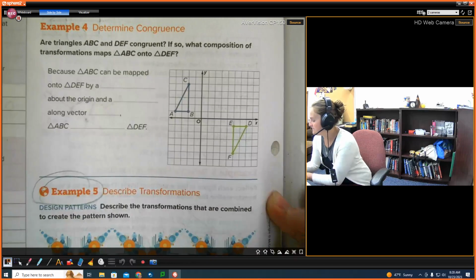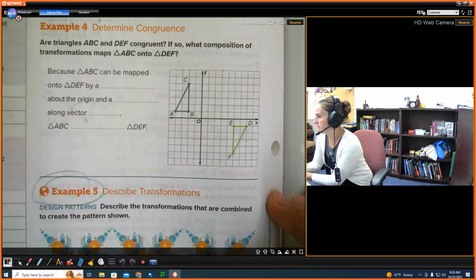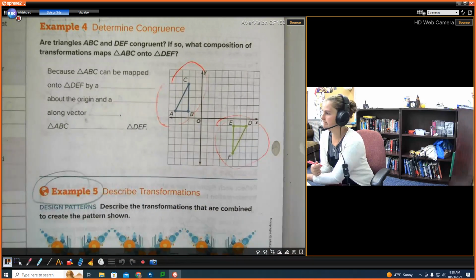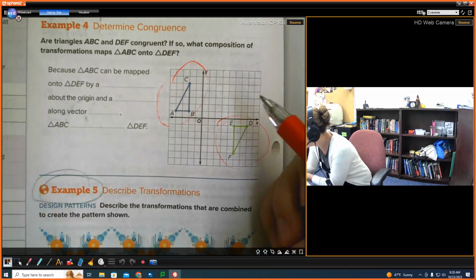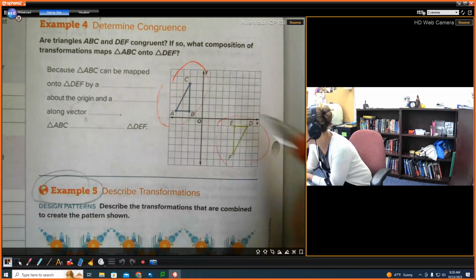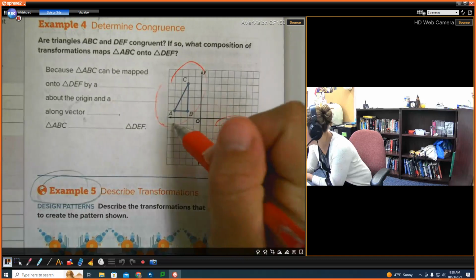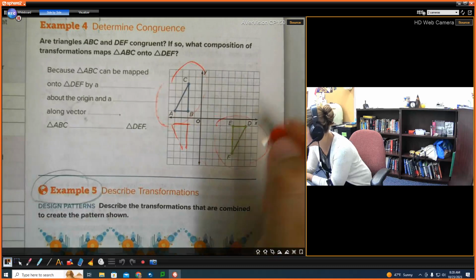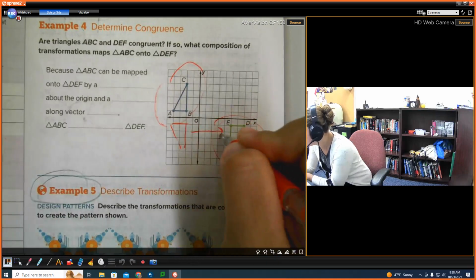Okay, what does it look like happened if we're going from here to here? A rotation. That could be. What if we reflect it first? So reflection and then a translation, right?